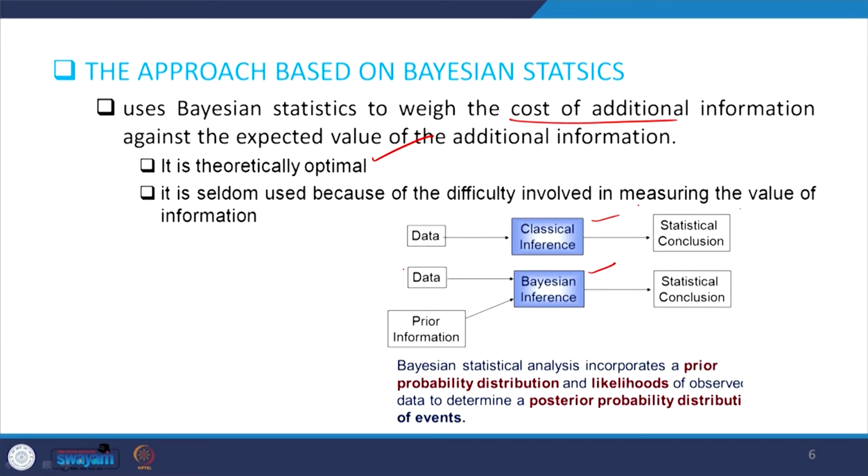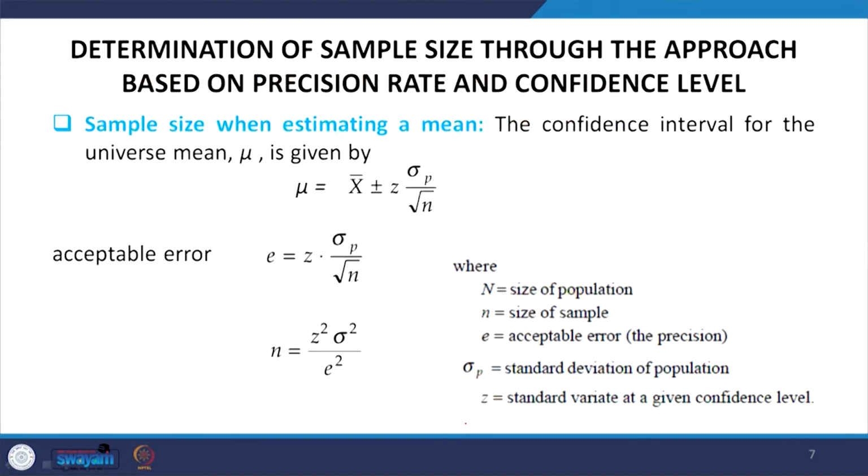In statistical inference we can conclude, and in this case also we can conclude systematically, but Bayesian inference does require prior information. This is quite important. Bayesian statistical analysis incorporates a prior probability distribution and the likelihood of observed data to determine a posterior probability distribution of the events.